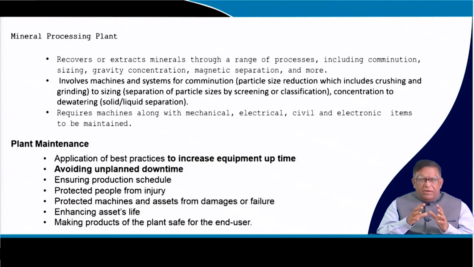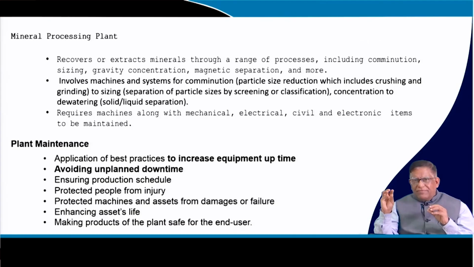Another thing is, in whatever way you are working in your plant, ultimately you are taking certain input and then you are going to give an output. Now that output should be safe. In some plants it may happen that during processing, where you should create some particular size of lump, it is producing more powder, because the machine produces a lot of vibrations.